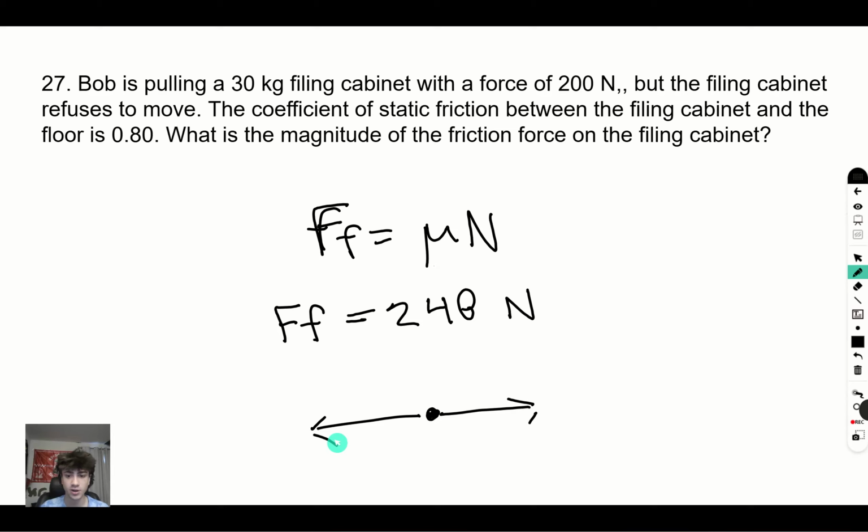And that's because although the friction force can reach up to 240 newtons, it can only counteract the force that is acting on the object in the opposite direction, and it cannot exceed that force. And therefore, since Bob is pulling with 200 newtons, the opposite force that the friction is going to be exerting is also going to be 200 newtons and not the calculated 240 newtons.